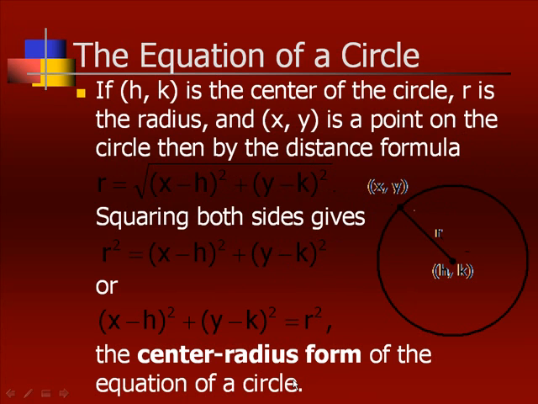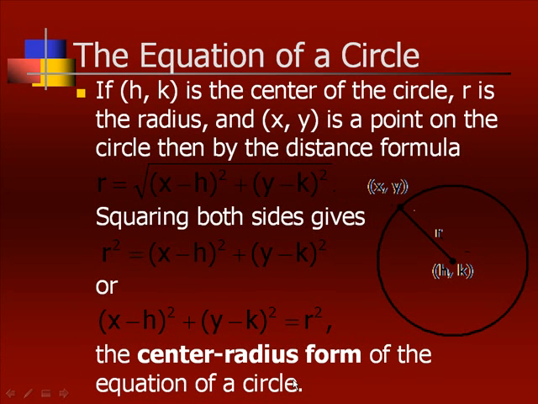Now, if (h, k) is the center of the circle, r is the radius, and (x, y) is a point on the circle, then by the distance formula, r is equal to the square root of (x minus h) squared plus (y minus k) squared.